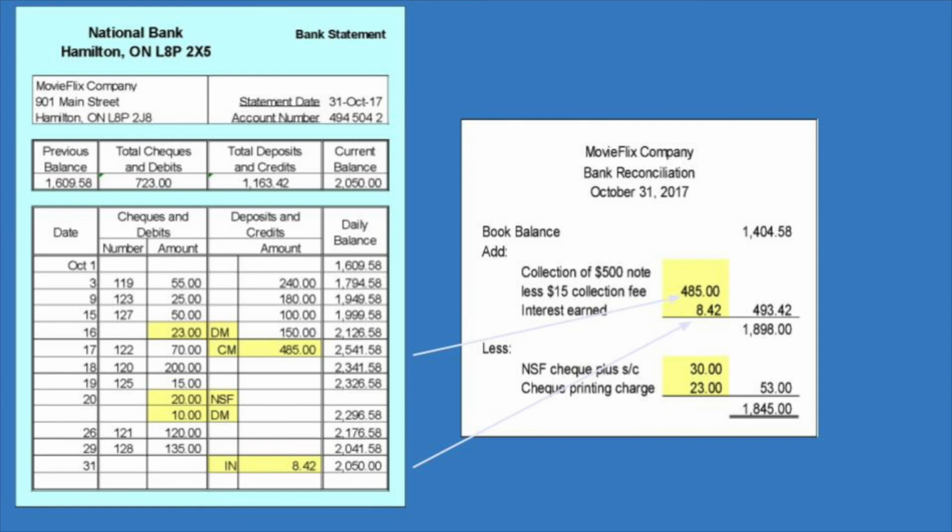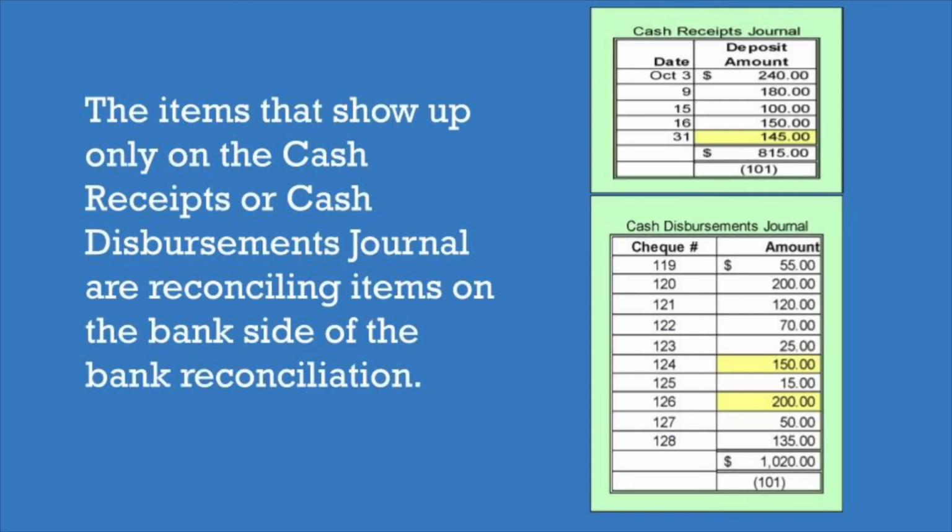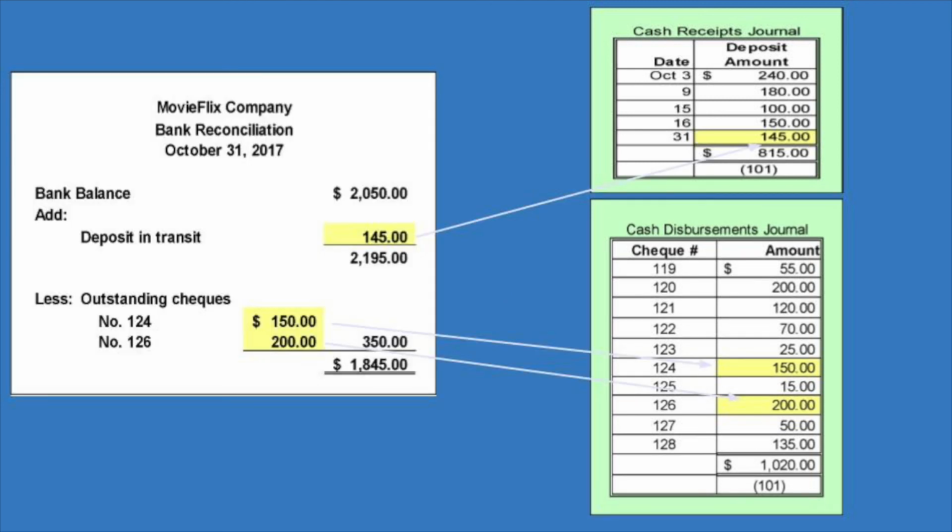The items that show up only in the cash receipts and cash disbursements journal are recorded items from the bank side. So we have a deposit of $145 on October 31st, and checks 124 and 126 haven't gone through yet. So our bank balance is $2,050.